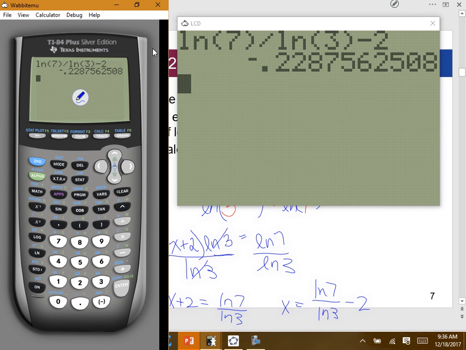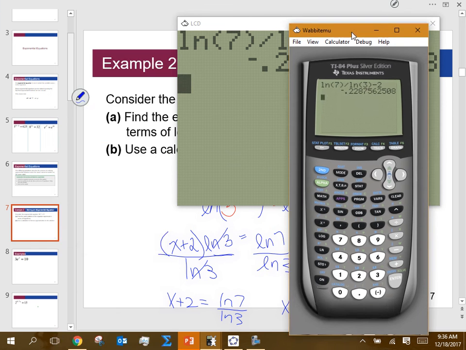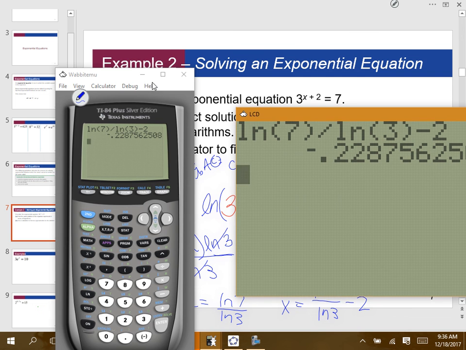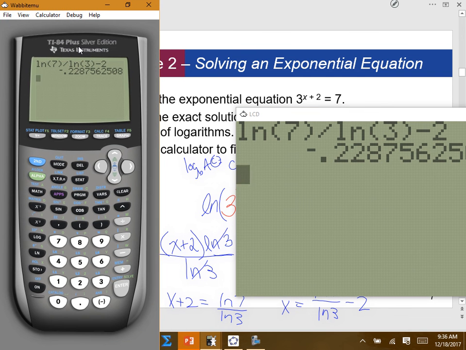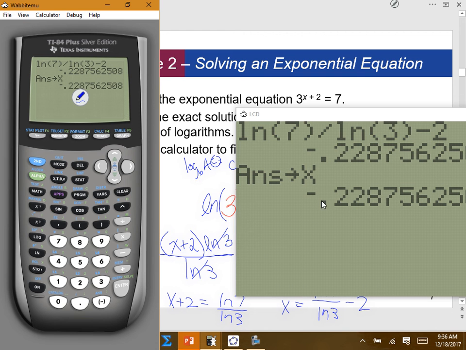But here's how you can check yourself. That is your x value, right? Okay. A couple different ways of doing this. You can hit the STO button right away, and it says answer, which is referring to this number here, and then hit X and hit enter. And when that number shows up again, what it means is that anywhere that I've got X typed in, it's going to use this number now.